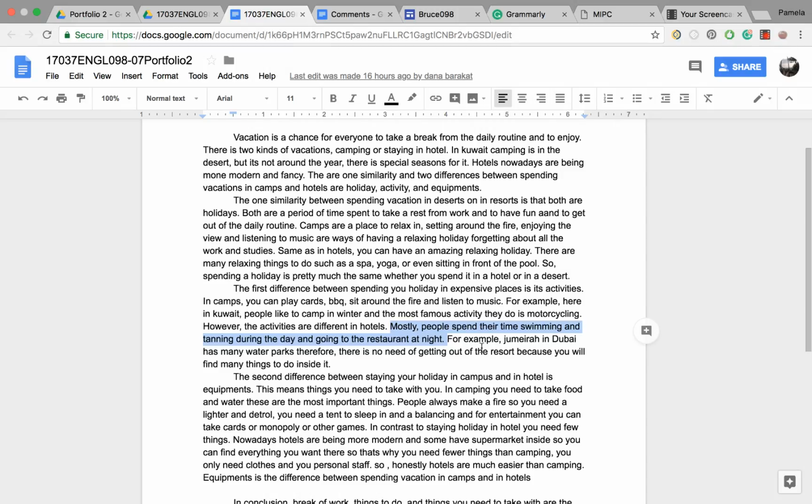If I took this sentence out of the essay and read it on its own, I, as a reader, would not know that you're talking about hotels or that you're talking about vacations. And so I really need you to make sure that you're trying to be as clear for your reader as possible.